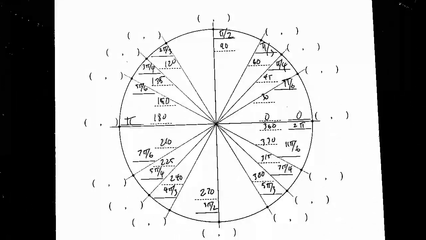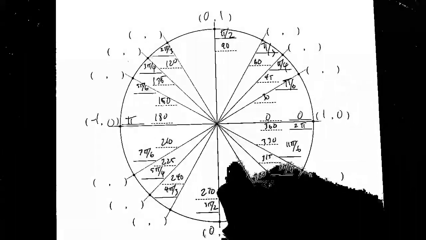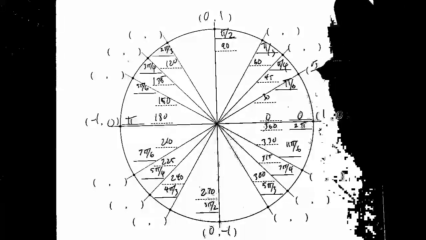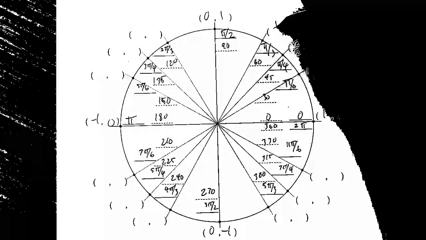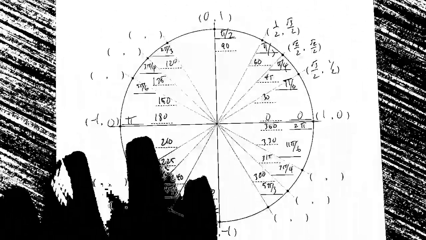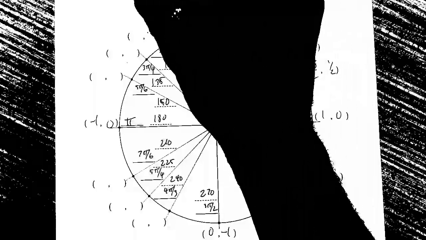Okay, then coordinates. We got 1, 0, 0, 1, negative 1, 0, 0, negative 1. Then we've got root 3 over 2, 1 half, root 2 over 2, root 2 over 2, 1 half, root 3 over 2. And then we are basically mirroring this as we go around the circle. So this is negative root 3 over 2, 1 half. Then negative root 2 over 2, root 2 over 2. Then negative 1 half, root 3 over 2.